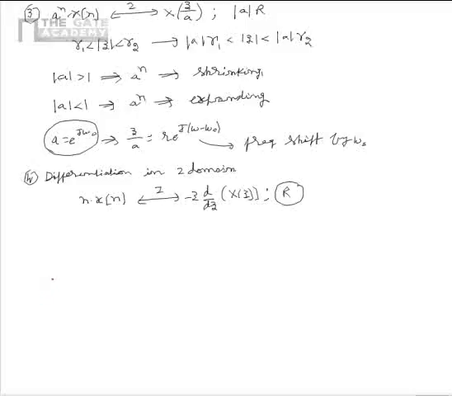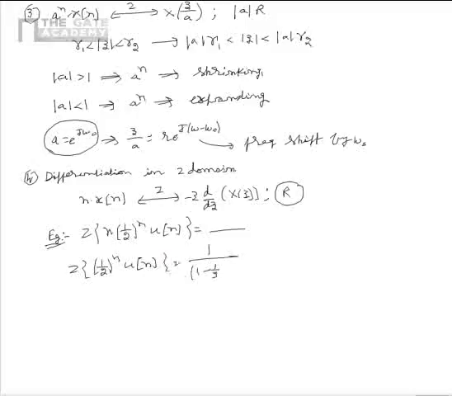So now let us consider an example for the same. Suppose we need to find the z transform of n into 1 by 2 whole power n u of n. We know that z transform of 1 by 2 whole power n u of n is equal to 1 by 1 minus half z inverse, and the ROC is mod z greater than half.